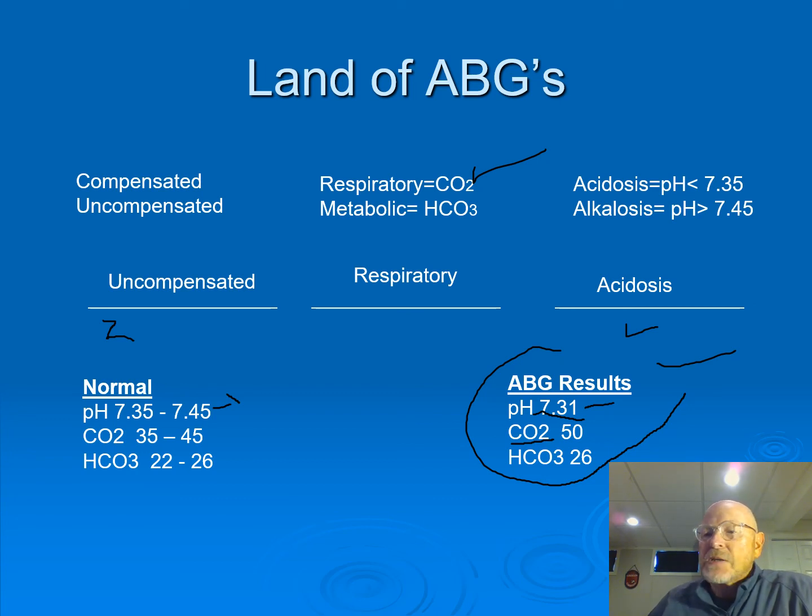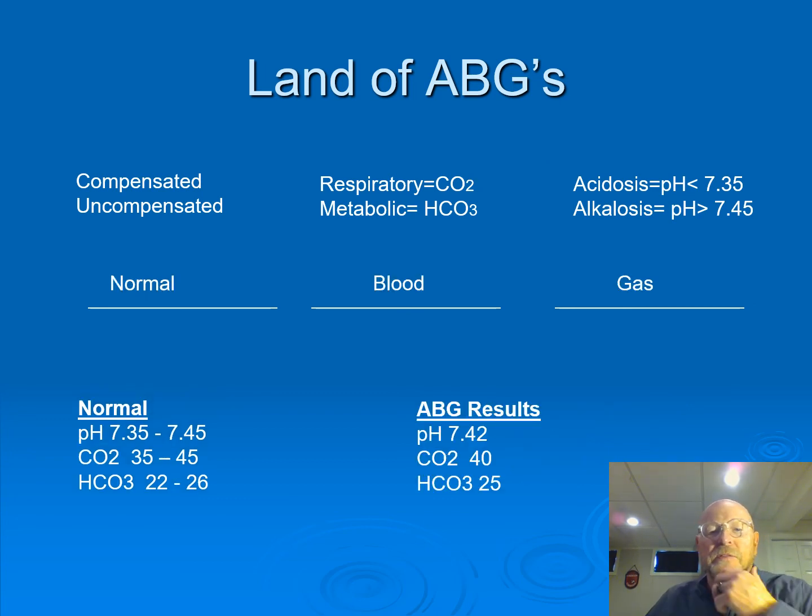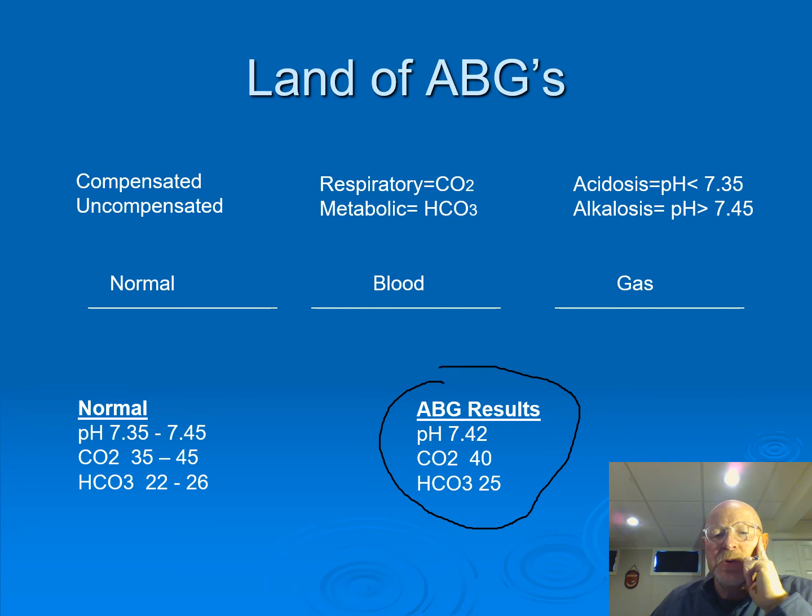So let's look at another one and see what's going on here. The first thing you might notice when you look at the ABG results, which I know you might do first, is that you're going to see something unusual. What are you going to see? That's in the normal range. That's in the normal range. That's in the normal range.